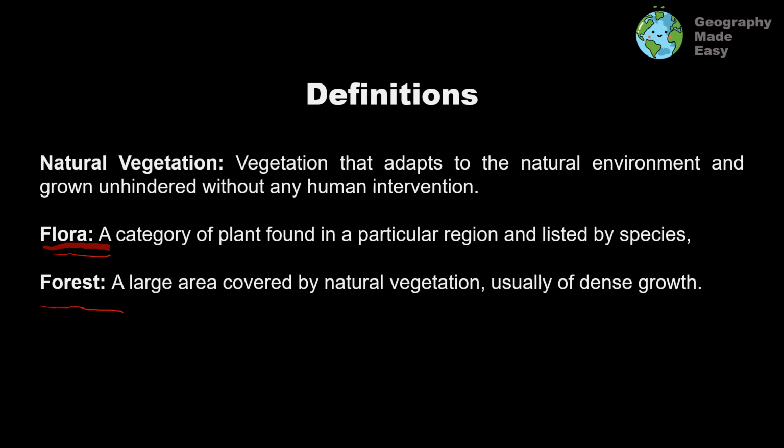On the other hand, we have forest, which is made out of many different types of vegetation, different types of flora, usually having dense growth, seen in a particular area. So what is the difference between flora and vegetation?